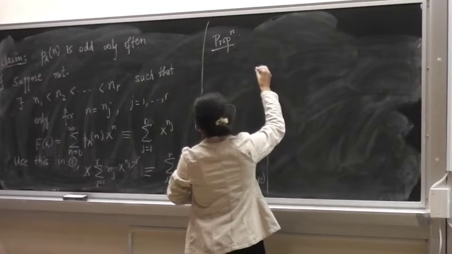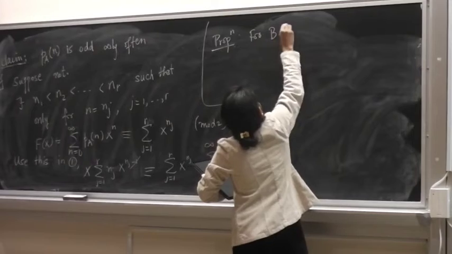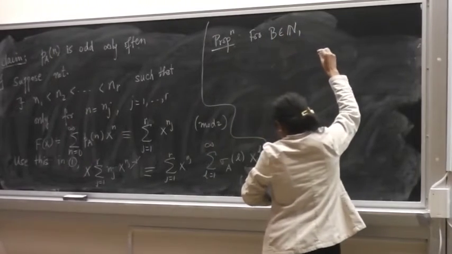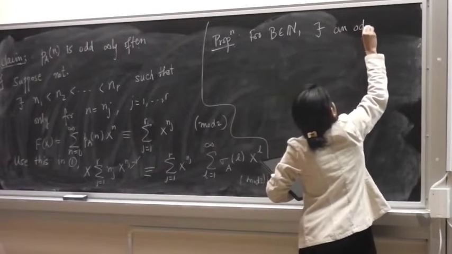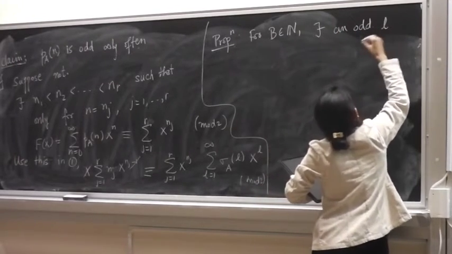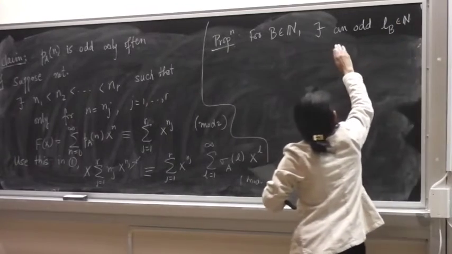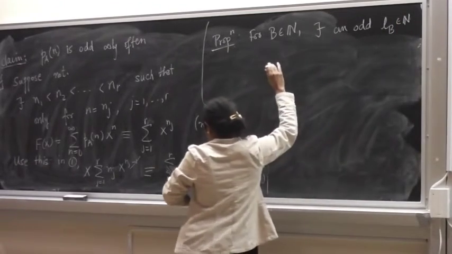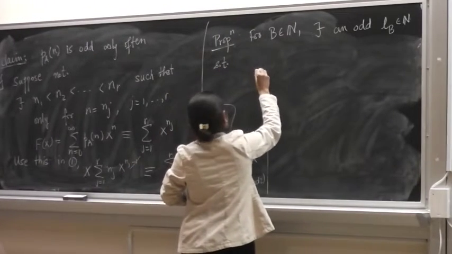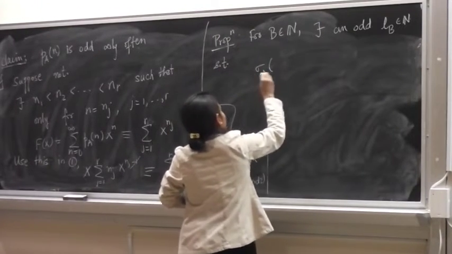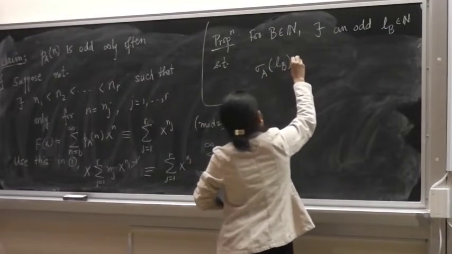So if I can show that for any fixed positive integer n, there exists an odd integer L which depends on b, satisfying that the value of the sigma function at b is 1.